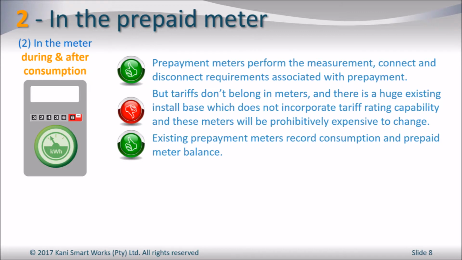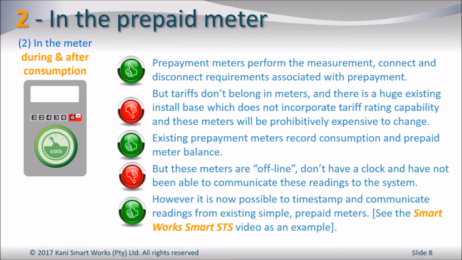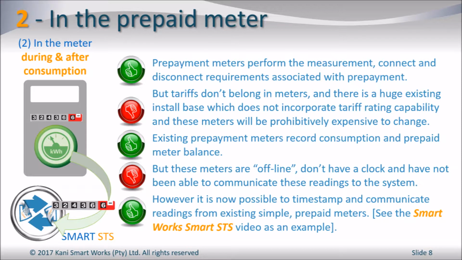Existing prepayment meters do, however, record consumption and the prepaid meter balance, but these meters are offline, don't have a clock, and have not been able to communicate these readings to the system in the past. However, it's now possible to timestamp and communicate readings from existing simple prepaid meters. See the SmartWorks Smart STS video as an example.